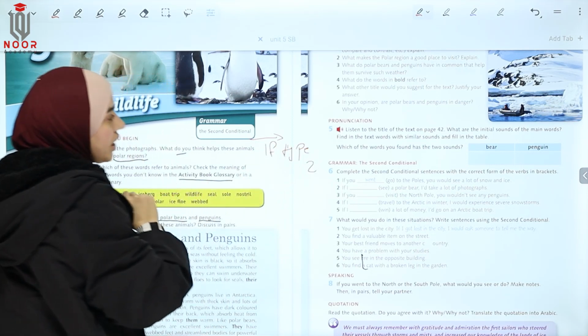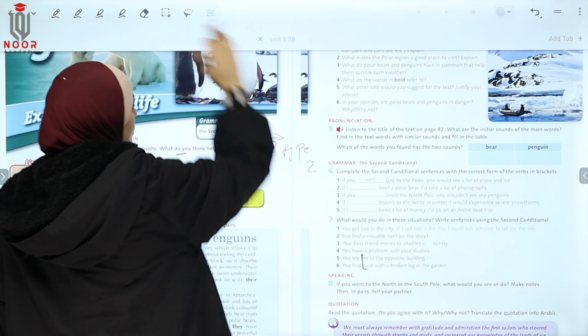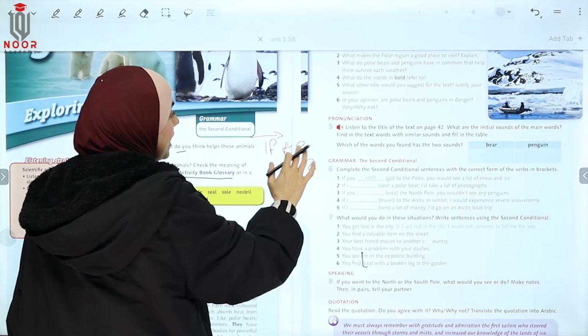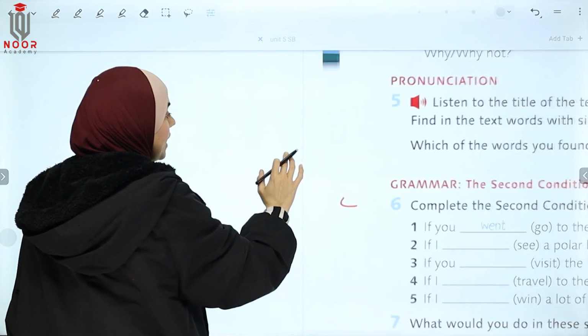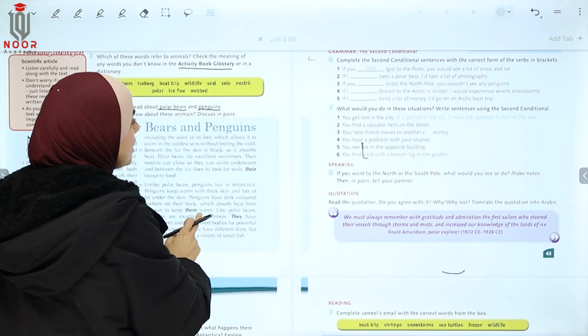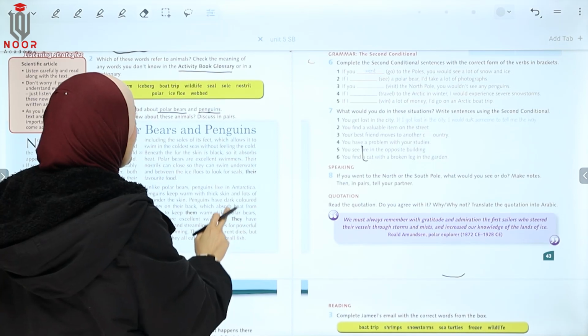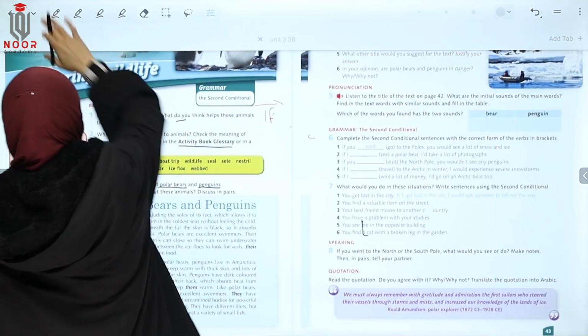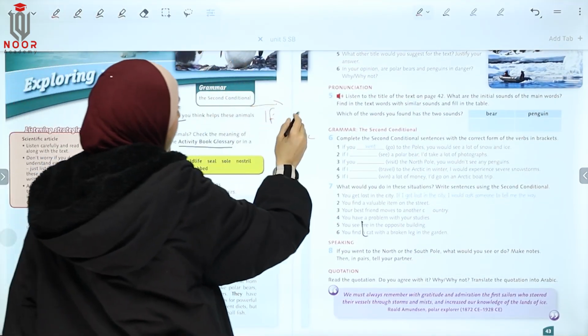So what do I mean by second conditional? Second conditional, it means what? It means if type 2.